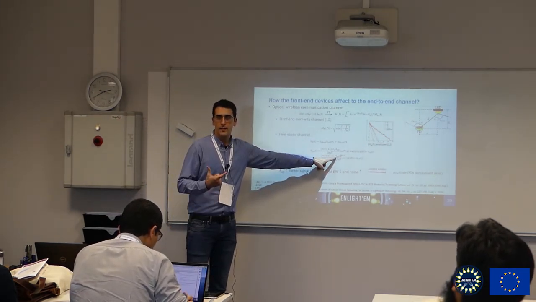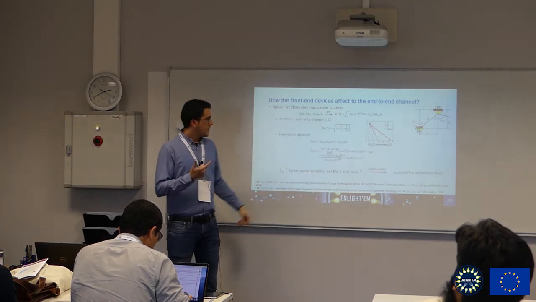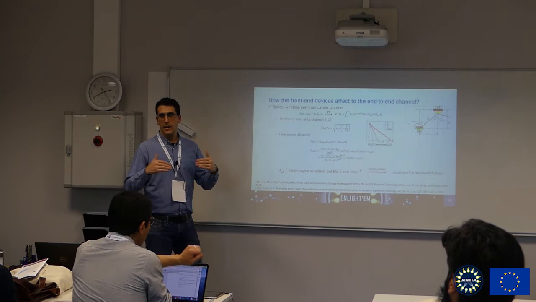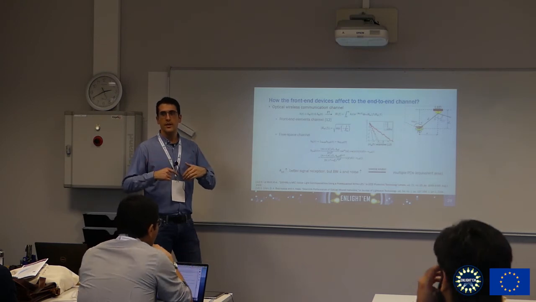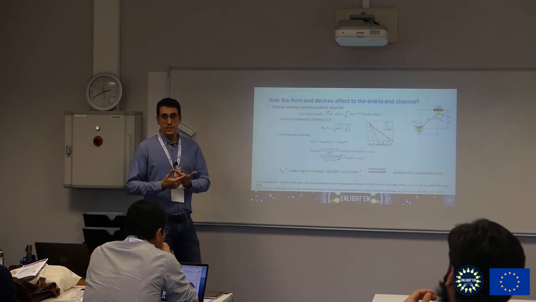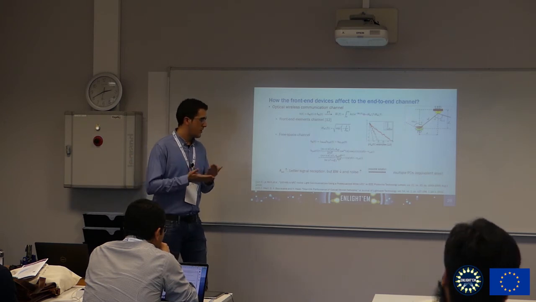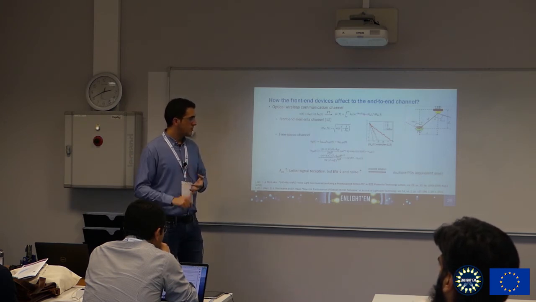The larger the area of the photodiode is, the better the performance is. But also keep in mind that the larger the area of the photodiode, the larger the capacitance is, and then the lower the bandwidth is. So we also have to find a balance between these two.